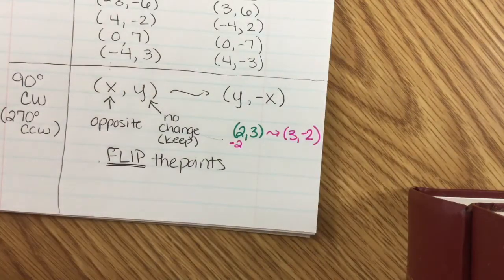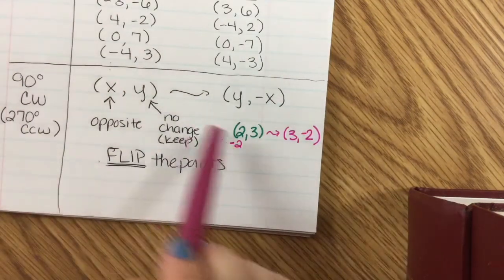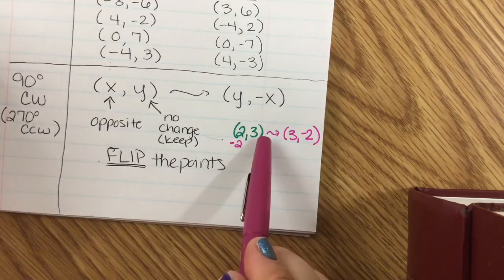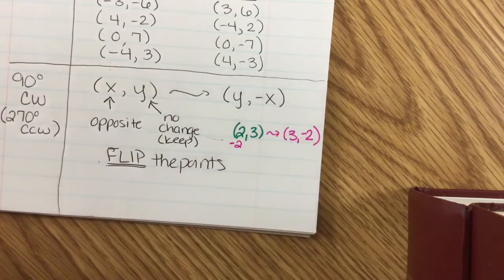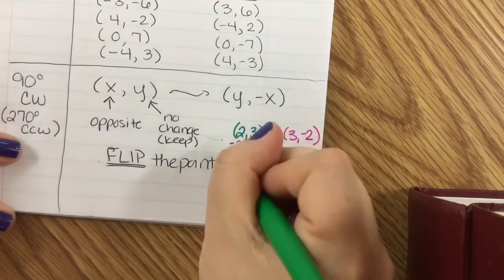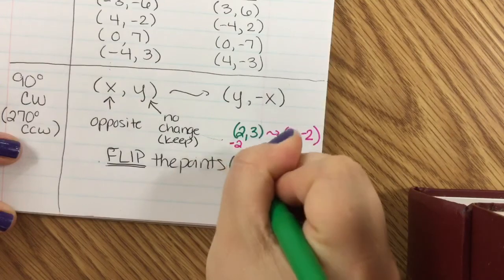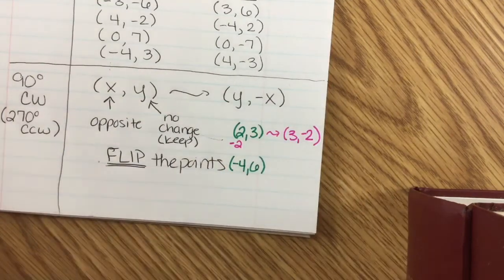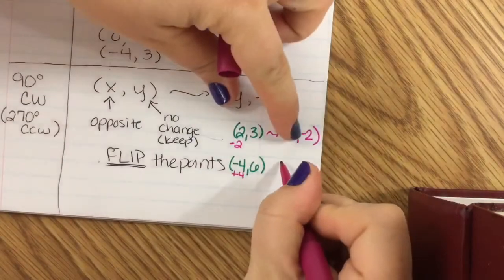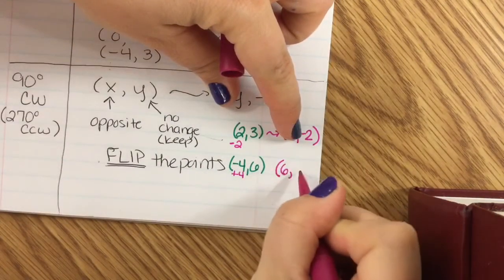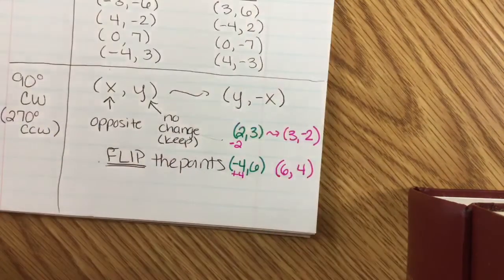If you were looking at that on a graph, it should look like it went 90 degrees in this direction. Let's look at another one. Let's say you have (-4, 6). You're going to make this a +4 and then flip them around. So it's going to become (6, 4), your new coordinates.